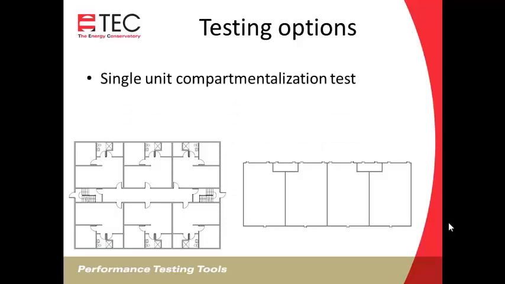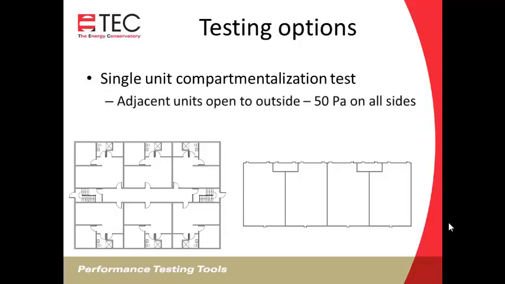So there are different options for single unit compartmentalization tests. You could have adjacent units open to the outside, and some testing standards require that any adjacent unit needs to be open to the outside.